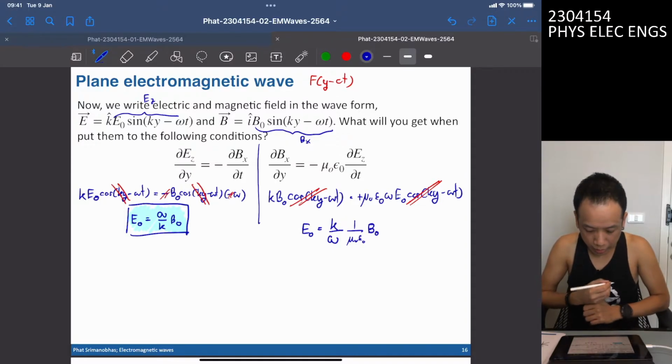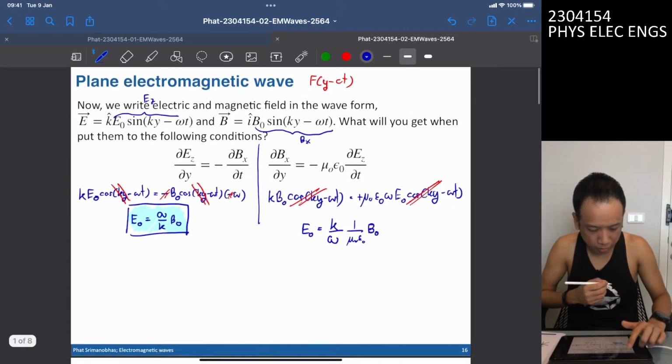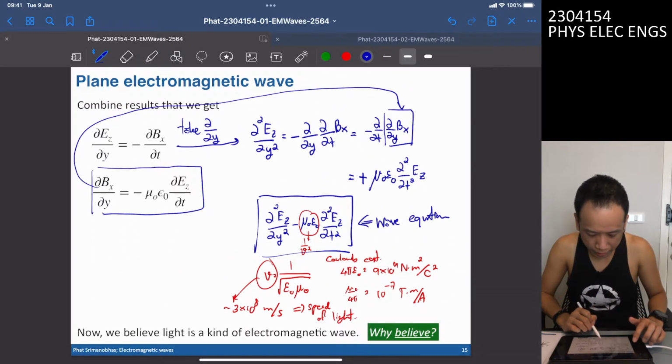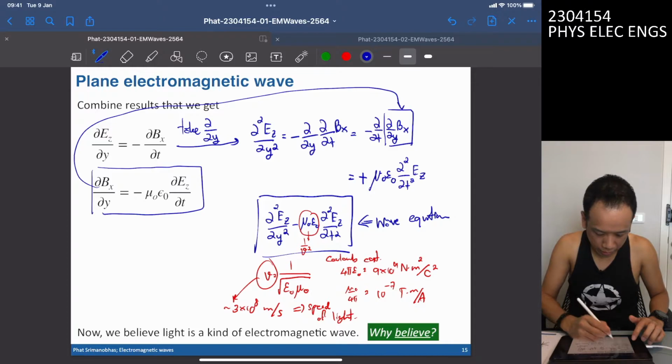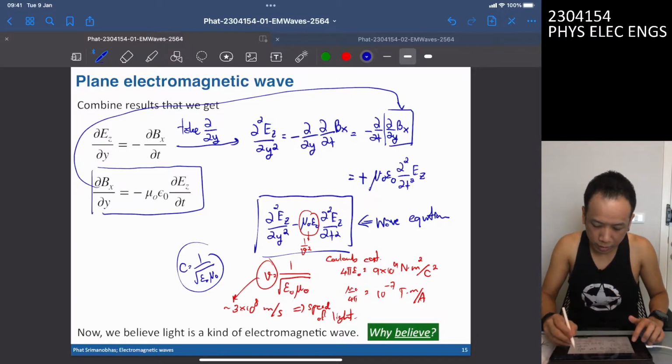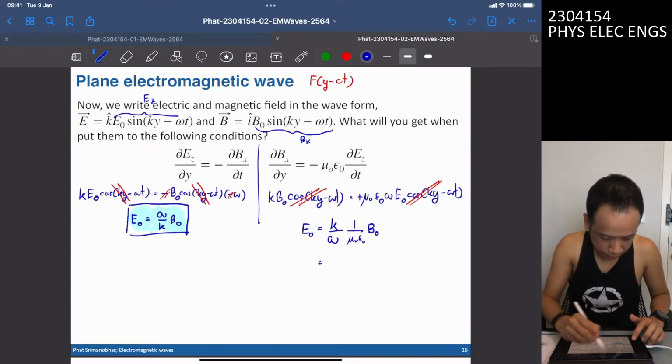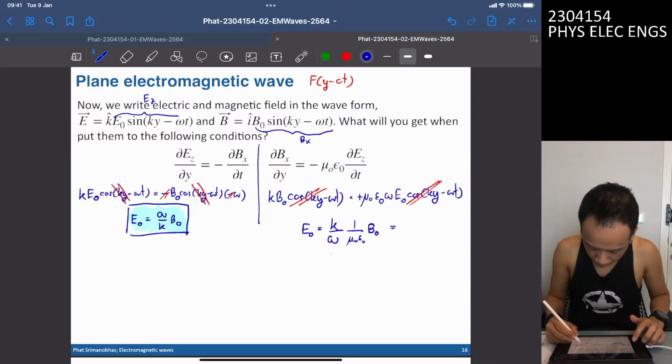You can make it a little shorter if you go back to this equation. You know that c is equal to 1 over the square root of epsilon 0 mu 0. So you put it here, and it becomes c squared. So you can just write it on the same line. It becomes k over omega B0 c squared.